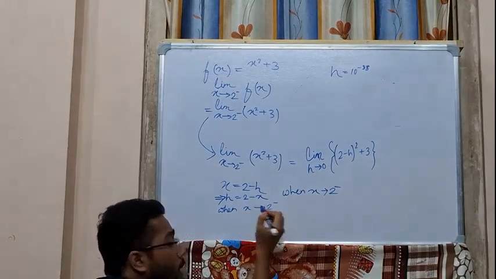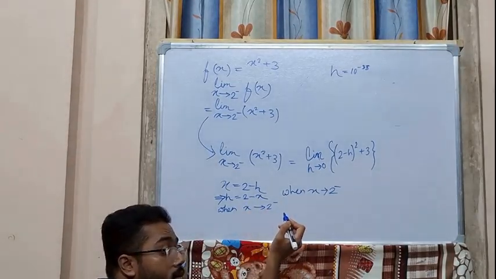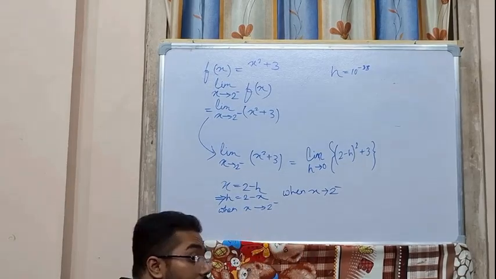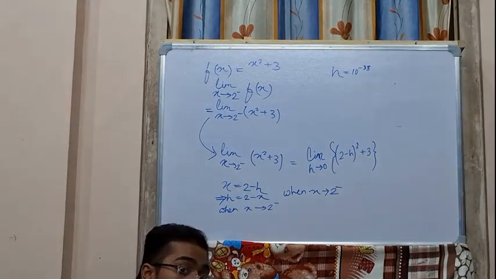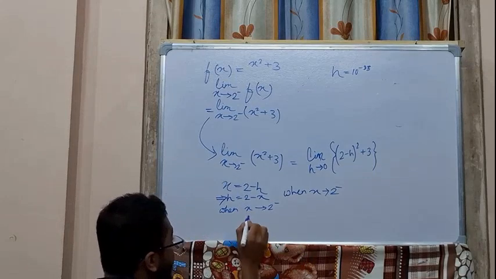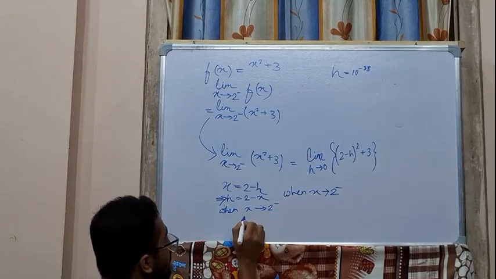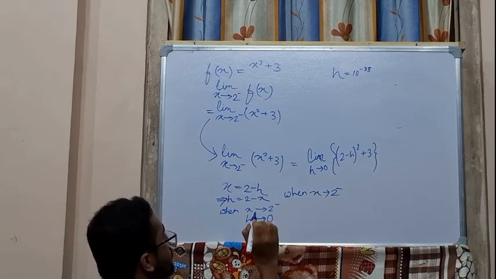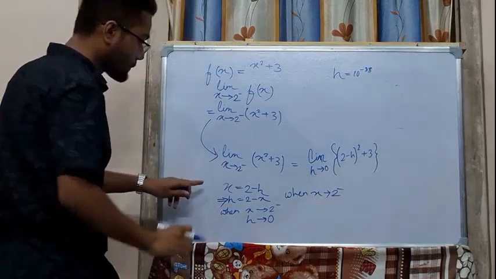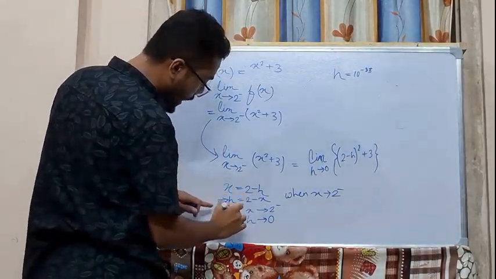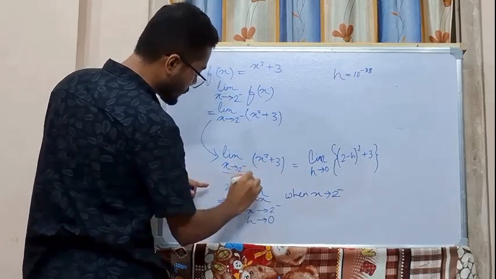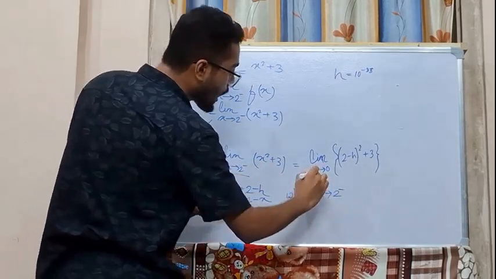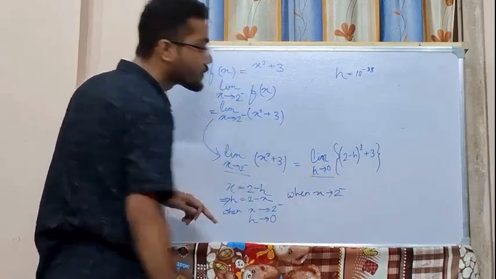Then 2 minus 1.99 will be 0.01, which is very near to 0. Then when x tends to 2, h will tend to 0. That's why when x tends to 2 minus, h approaches 0.